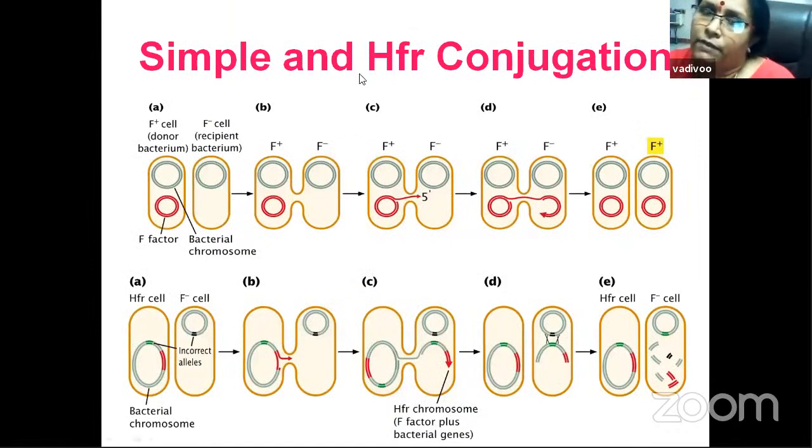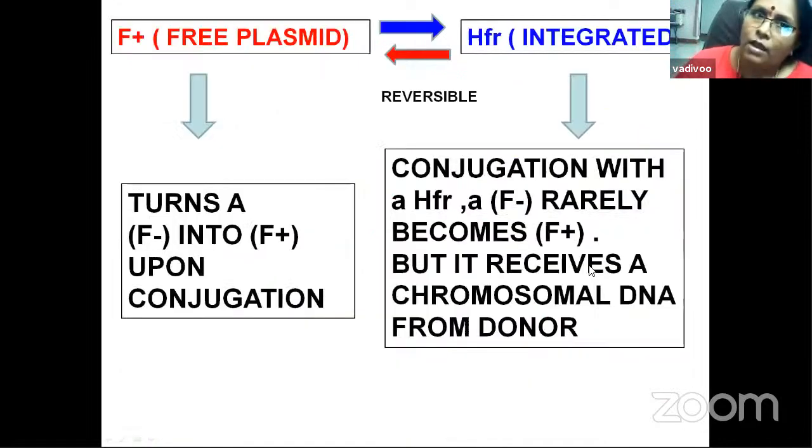This is the difference between simple and HFR conjugation. In simple conjugation, F minus cells become F plus cells, and in HFR conjugation, the F minus cell remains F minus, but it gets a genetic element. The F plus state is reversible, and F plus turns F minus into F plus upon conjugation.